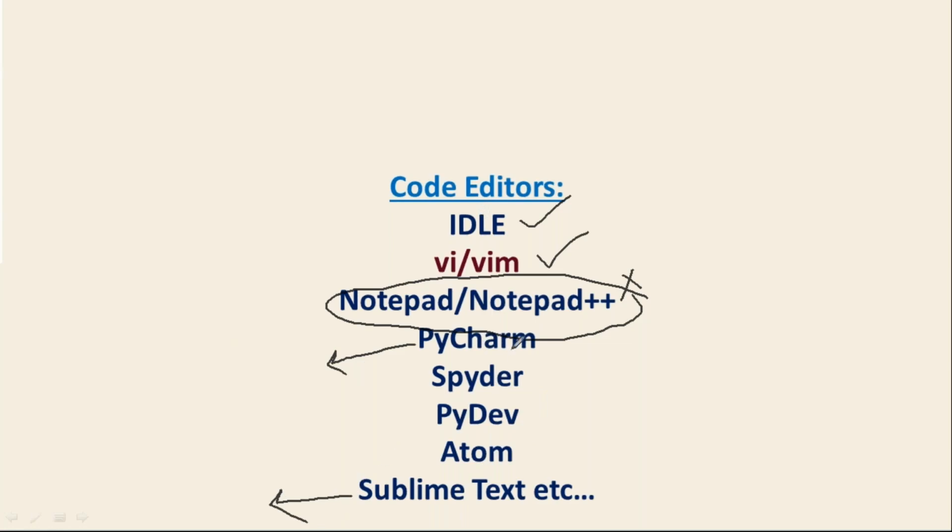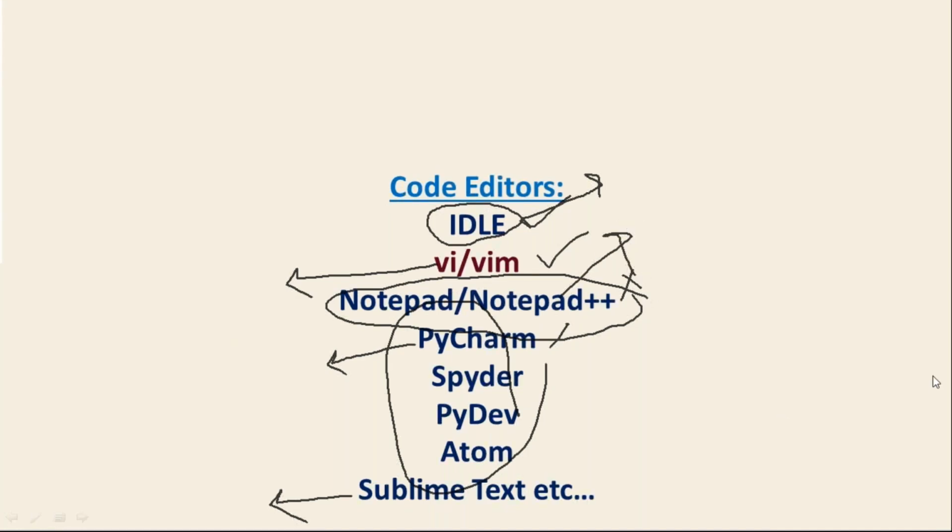So first thing guys, remember that as an automation engineer you should be good with either VI or VIM editors, because they are from the command line, right? Then second thing, you can use IDLE as a GUI editor, but instead of that, while practicing, because in real time you may or may not have PyCharm or any of these GUI editors, definitely you have Notepad++, right?